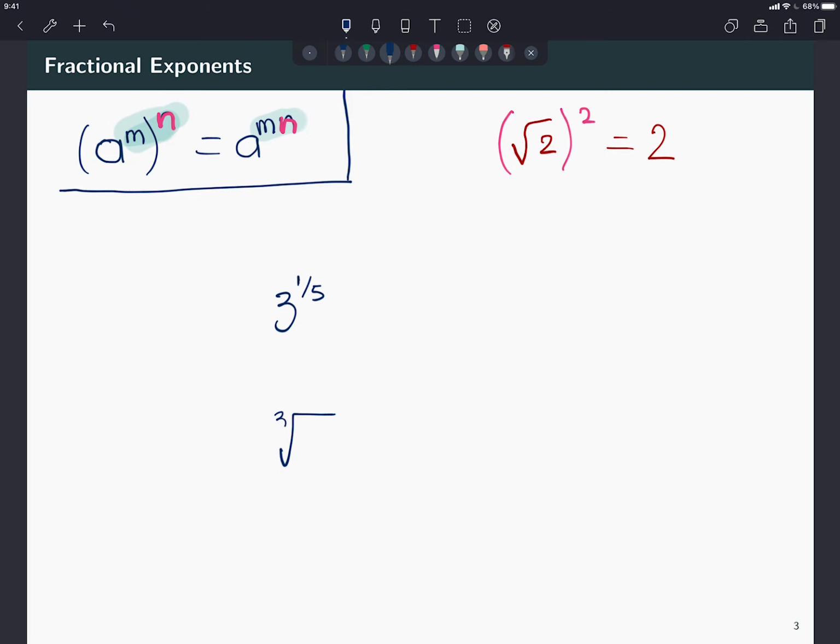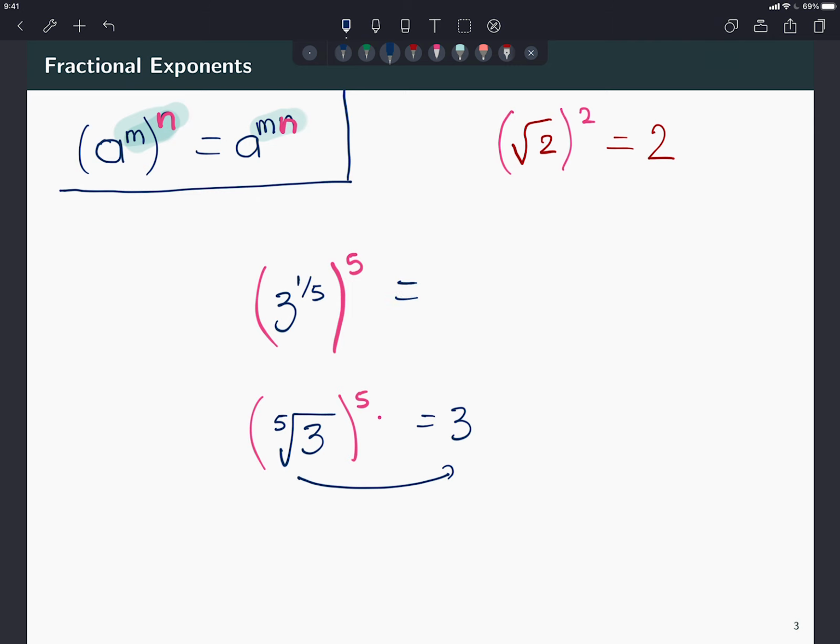I wrote it in the reverse order this time. It's going to be the same as the 5th root of the number 3. Why? Because if you raise this to this power, you get the same as if you raise this to the 5th power. In both cases, this is just using the definition of the 5th root of a number, that you will recover the number.